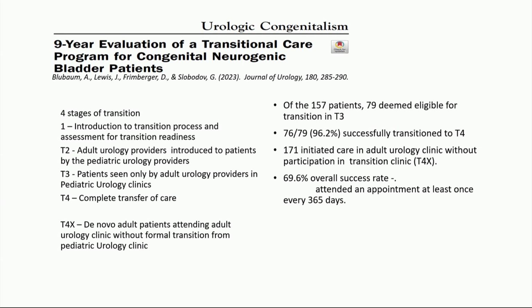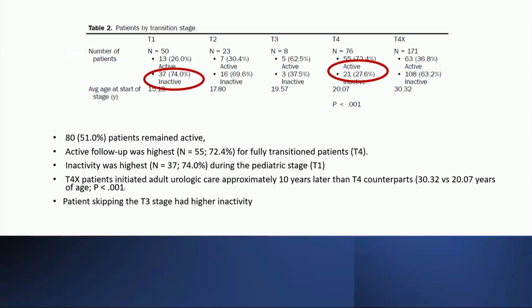There was a 69.6% overall success rate, which was defined as attending the appointment at least once in every 365 days. They found that active follow-up was highest for the fully transitioned patients, and inactivity was highest during the pediatric stage when they were just introduced to the idea of transition.